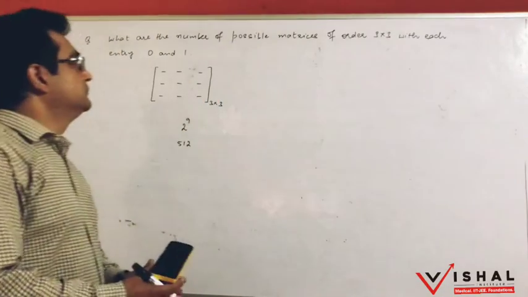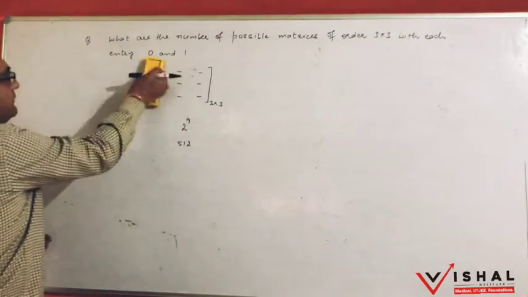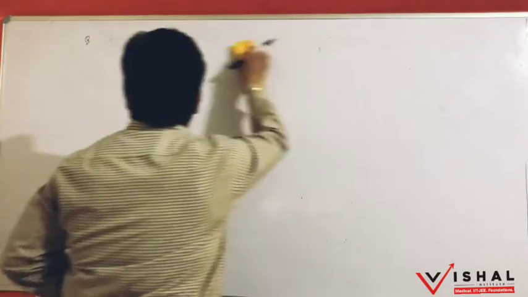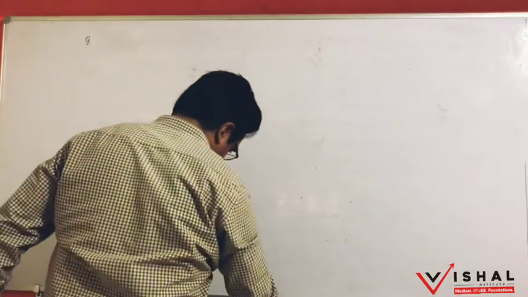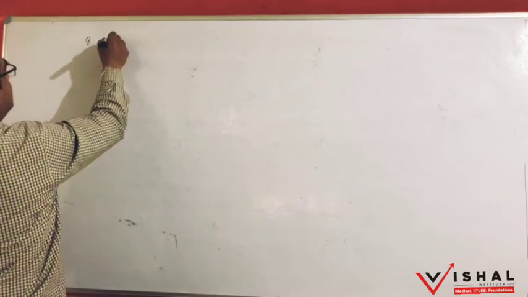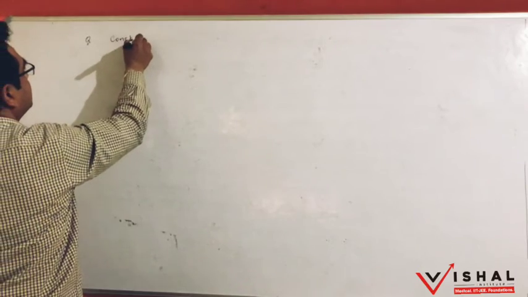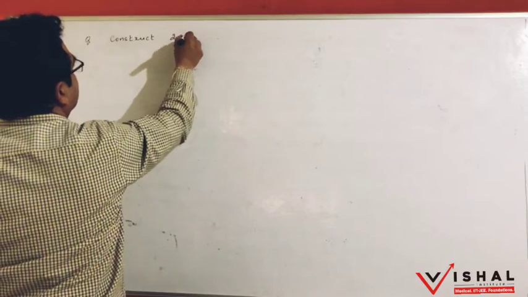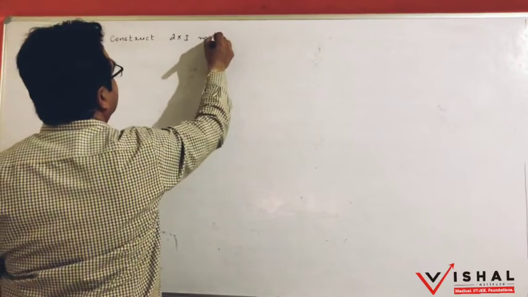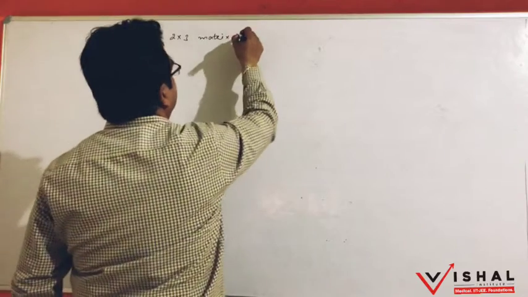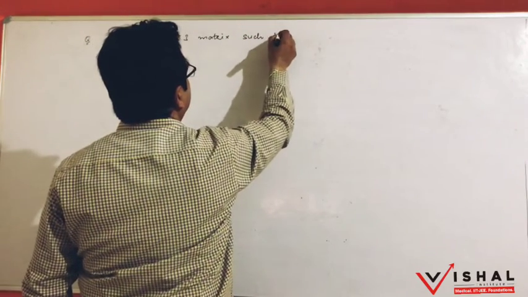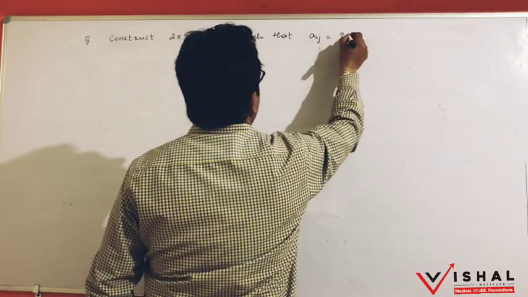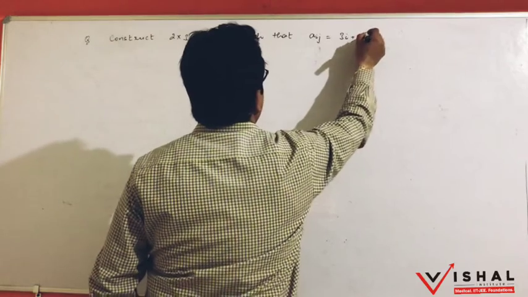So now, if you are asked to construct a 2 cross 3 matrix such that Aij is equal to 3i plus 4j.